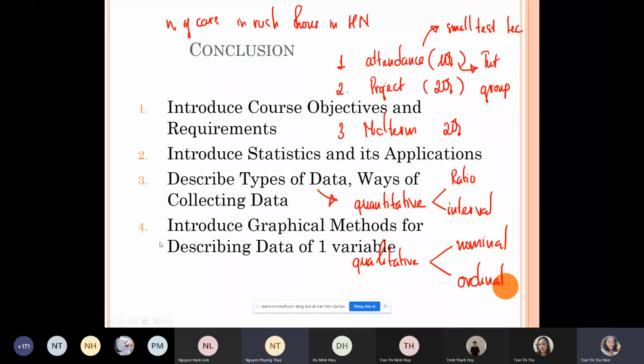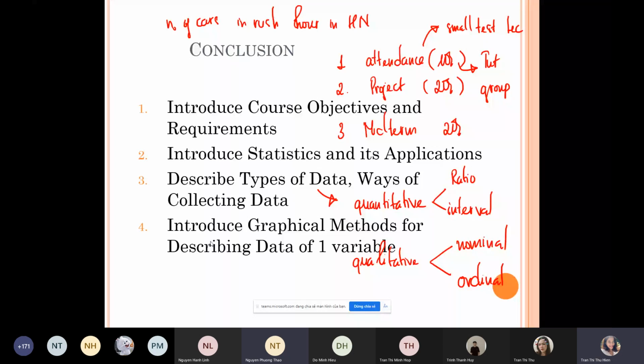For the fourth step, you have to use tables and graphs, maybe bar charts or stem-and-leaf plots. You can use graphical methods for describing data.